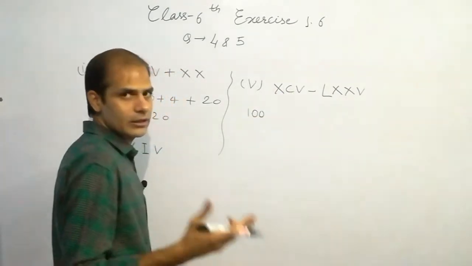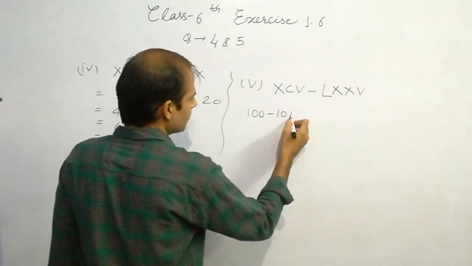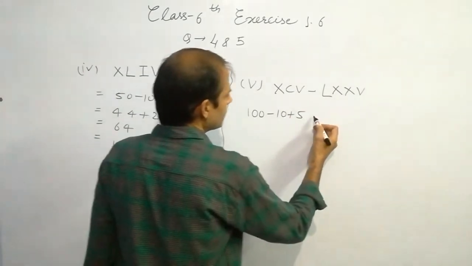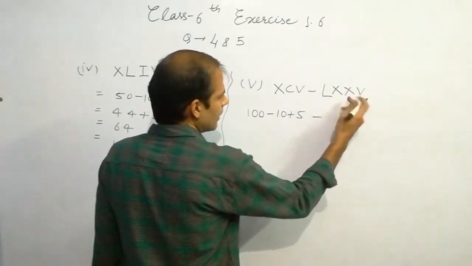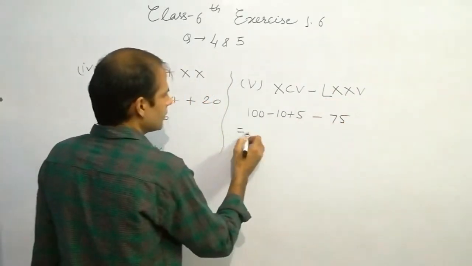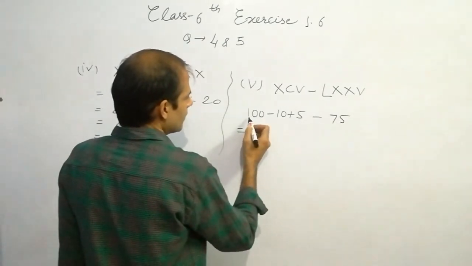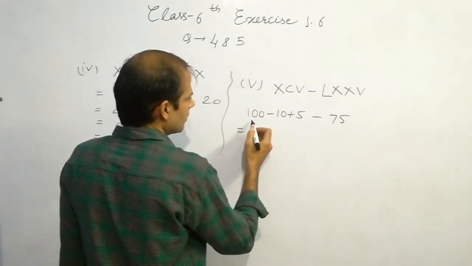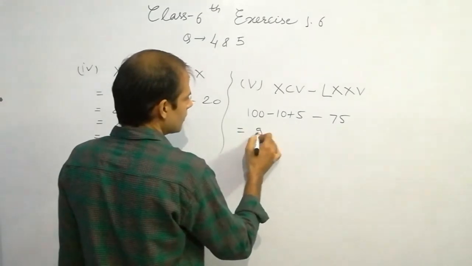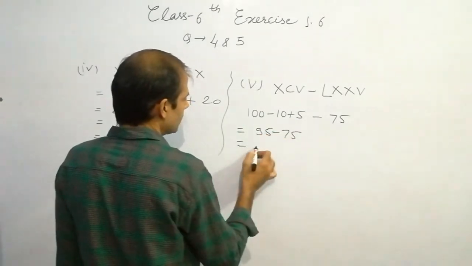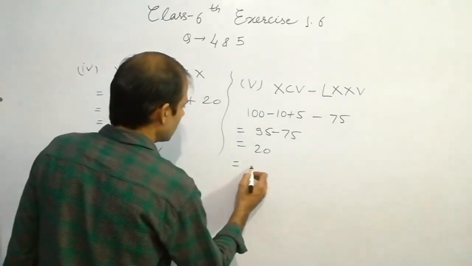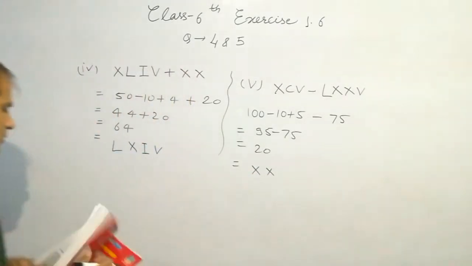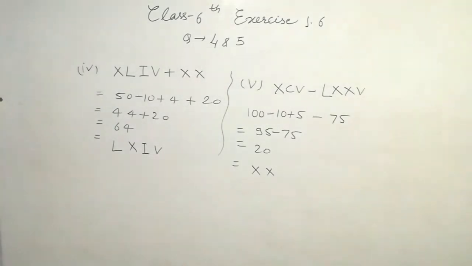C for century, it means 100 minus 10 plus 5, and minus what is this number? 50, 60, 70 and 75. So you can see it is 100 minus 10, 90, 95 minus 75, that is 20, and 20 means double X. So the answer of this question is double X. Okay, note it down.